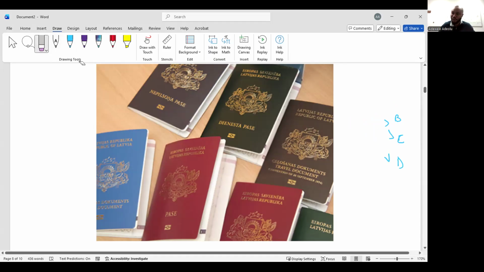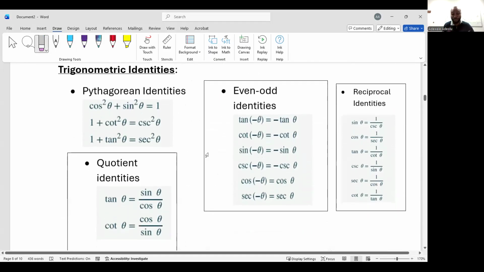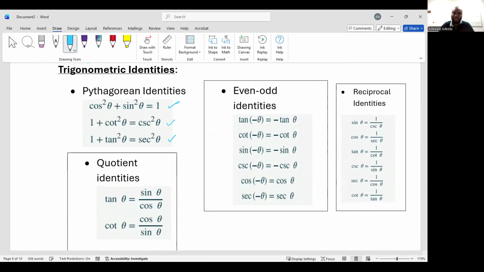And to do that, we are going to be using some of the identities we have learned before this topic. For example, the Pythagorean identities, you remember these three. Then the quotient identities: we know tangent of an angle is sine of an angle divided by cosine of an angle, and cotangent is cosine divided by sine of an angle.